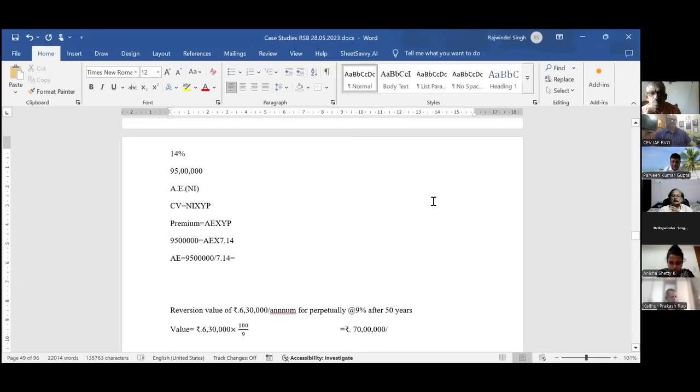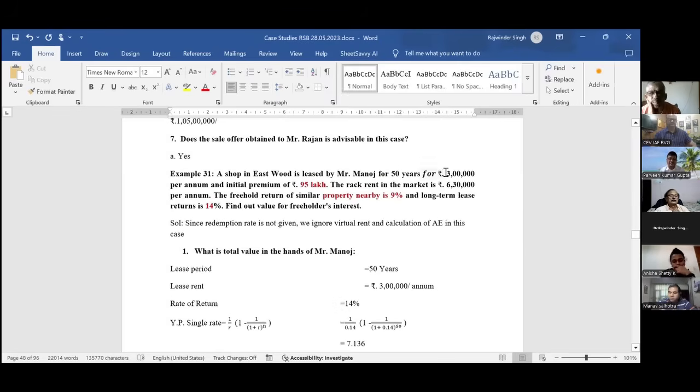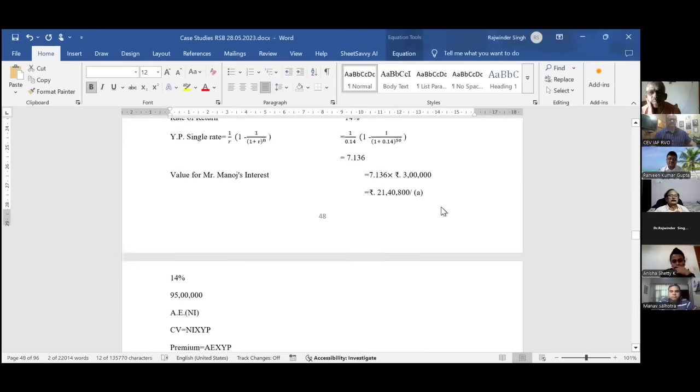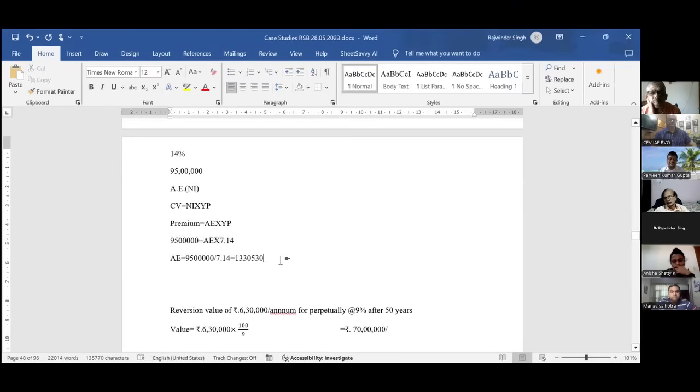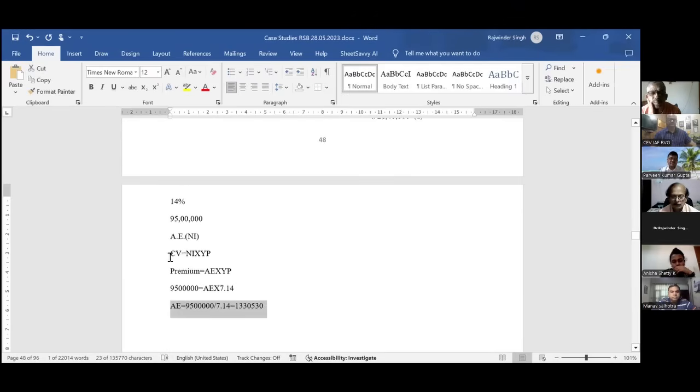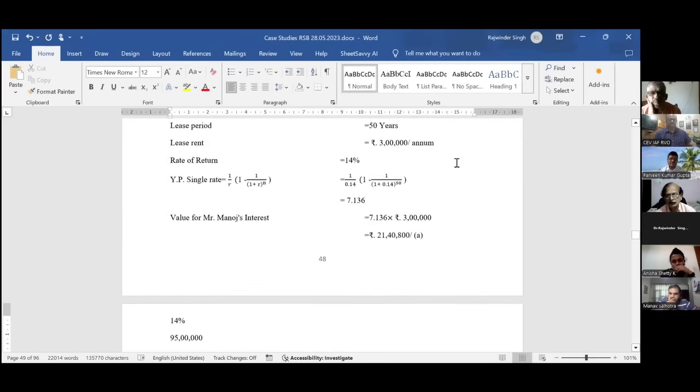So what is that value? 13,30,532. 13 lakh 30,532. तो दिस इज जस्ट एन एग्जांपल. तो उसके लिए आपको रेट ऑफ इंटरेस्ट दिया नहीं गया है, इसलिए हम ये यूज कर रहे हैं. तो बेसिकली आपका जो टोटल रेंट आ रहा है वो 3 लाख होगा, और एक जो रेंट आपको यहां से मिलेगा. सो टोटल रेंट आपके पास क्या होगा, एनुअल इक्विवेलेंट प्लस 3 लाख.